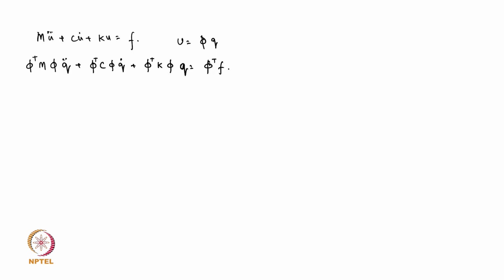Now if I put, let's say I'm using phi dash, that is equal to phi divided by root of m bar, then it will convert it into mass normalized eigenvectors. Because this is nothing but a scale.